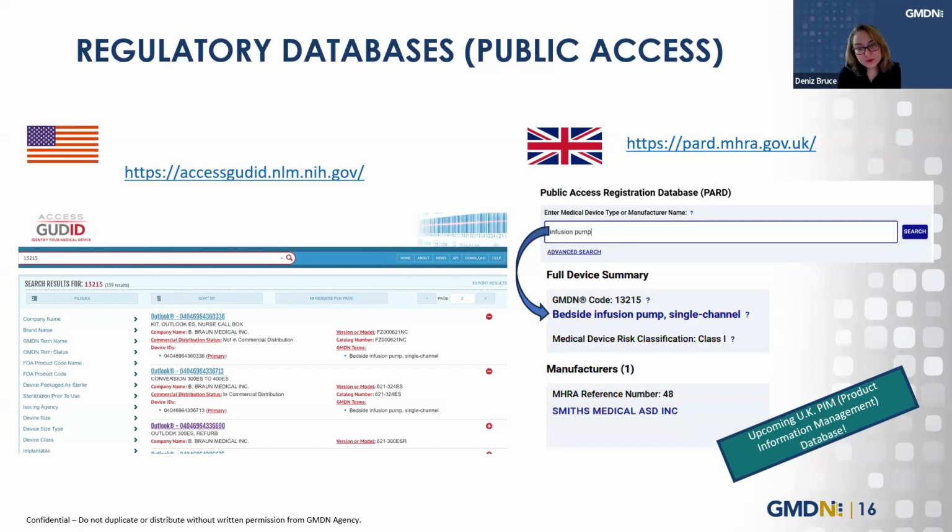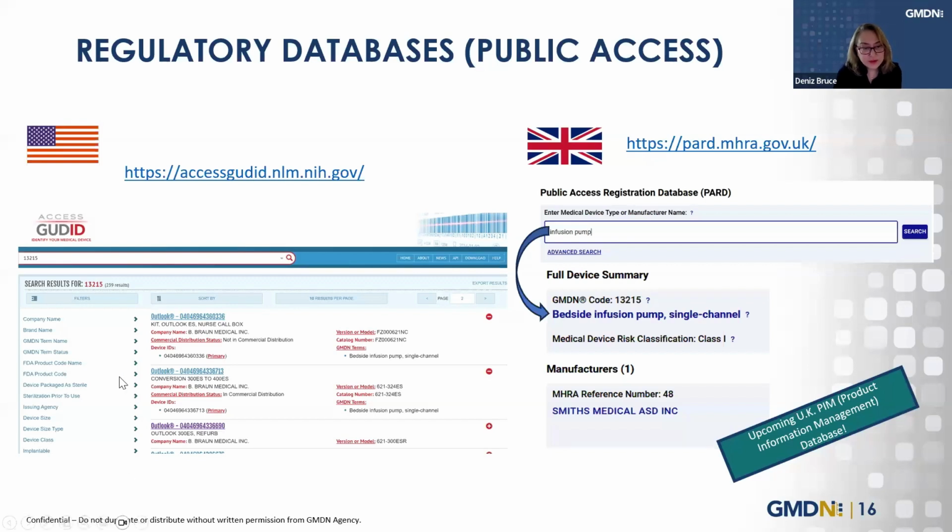There are also other examples. I don't know if you have heard, there's a program called eStar between Health Canada and US FDA, which also uses GMDN as common product information in regulatory submissions.